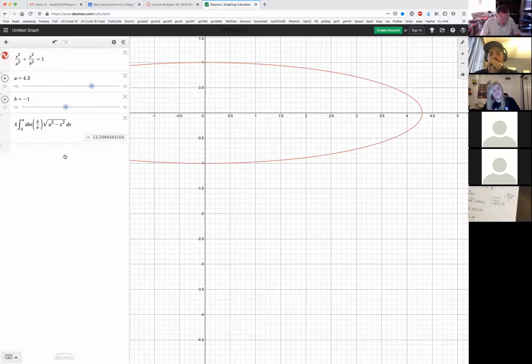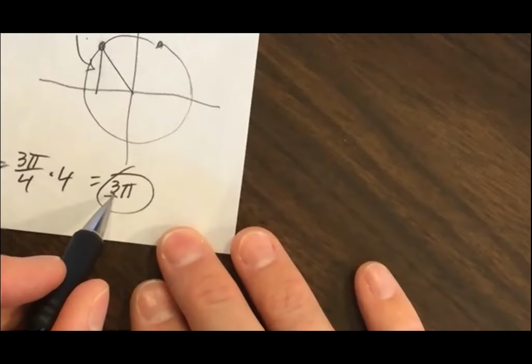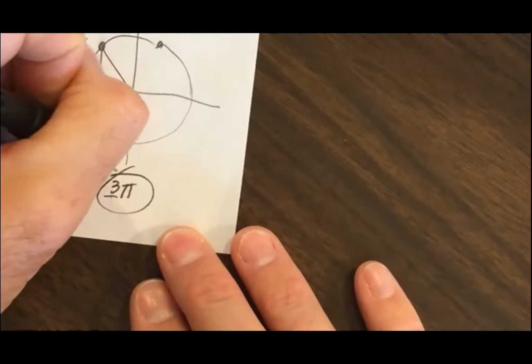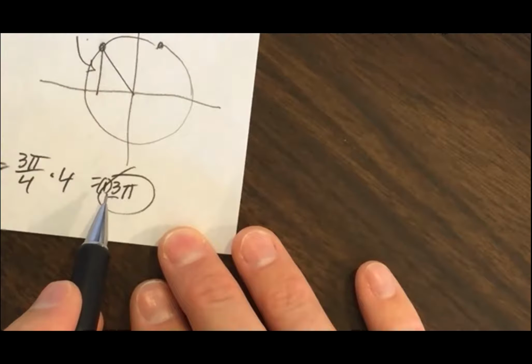I'm going to say the 3 shows up from the a. Oops, sorry, I can't see it. I'm going to have to stop sharing this so I can see if it's in focus, which it isn't. Okay, the 3 showed up from the a. What is not so obvious is that the 1 from the b also shows up here.